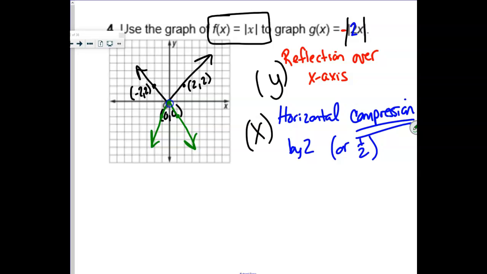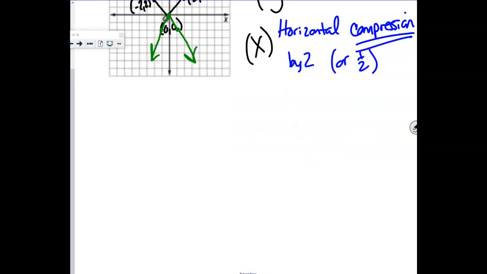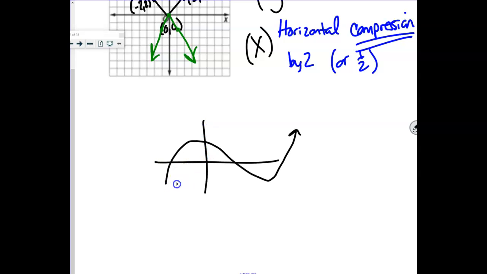When I give you a test, this is what you're going to see. And this is a totally made up problem. You don't see it anywhere, so don't panic. But I'm going to give you a parent function, and then I'm going to give you this new function.